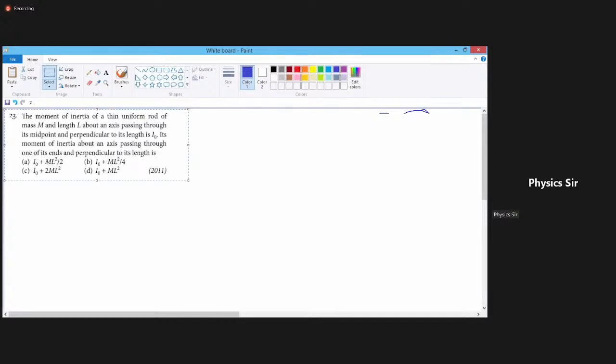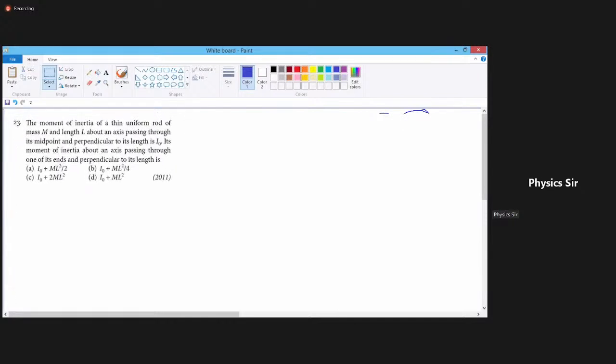let's do this sum. The moment of inertia of a thin rod of mass m and length L about an axis passing through its midpoint and perpendicular to its length is I naught. Means what? The moment of inertia about the center is I naught. And what will be the distance from the center to this point?